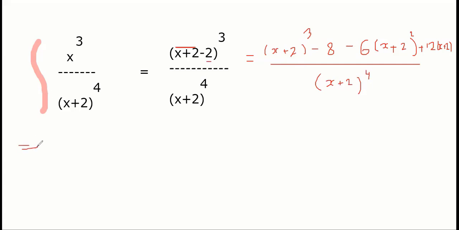So this becomes, tell me, (x plus 2) cube by (x plus 2) to the power 4. What does it become? 1 by (x plus 2), which we already know, very easy. Minus 8 by (x plus 2) to the power 4.